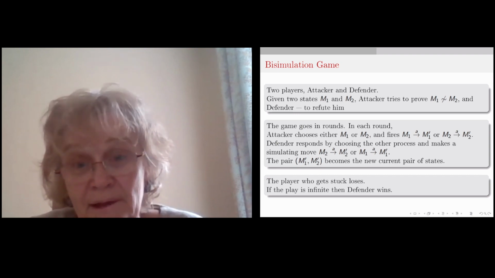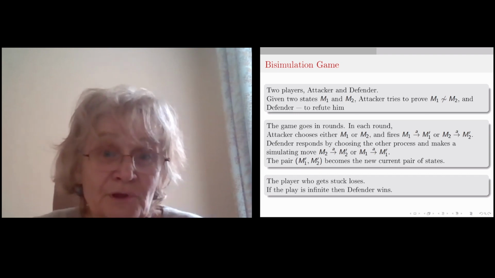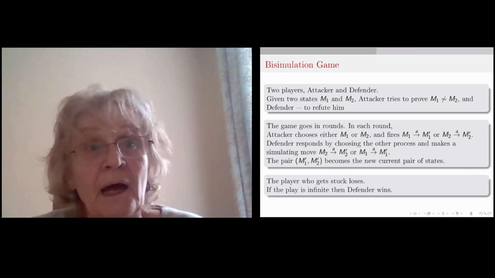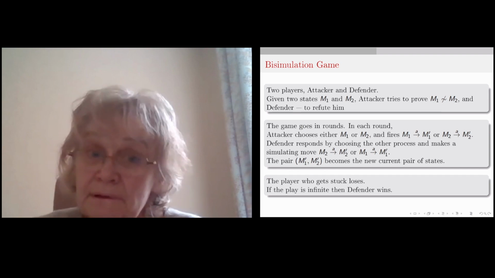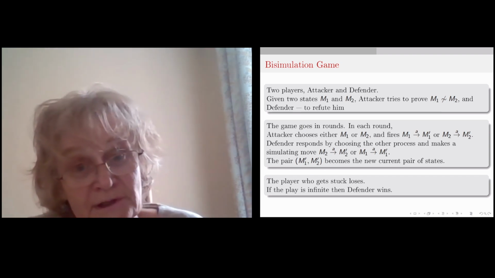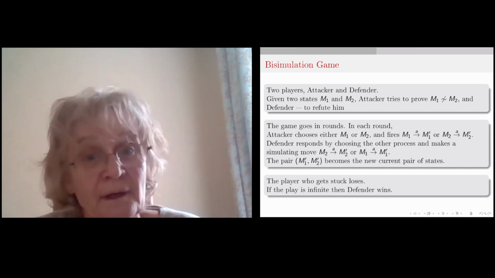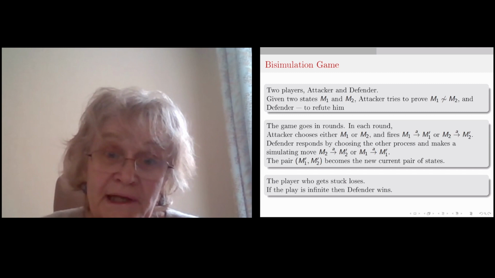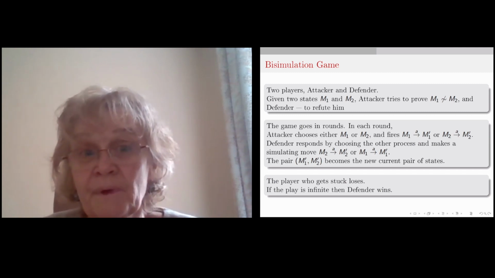If it is okay, they come to a new pair and continue playing in rounds. If one of the players can't answer the step of the other, then he loses. And if the play is infinite, the defender wins.